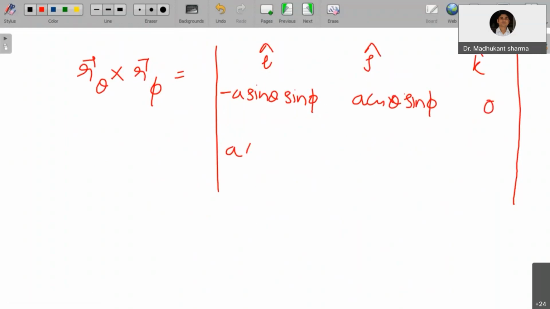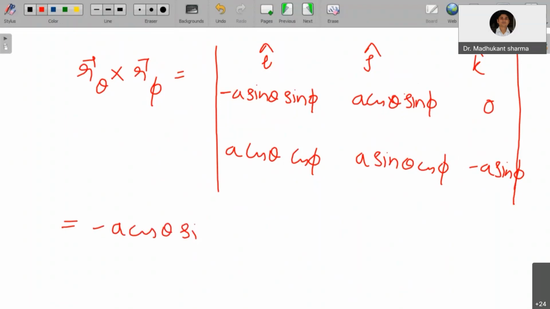You have r phi, this is a cos theta cos phi, a sine theta cos phi, and minus a sine phi. Now the i coefficient is minus a cos theta sine square phi.